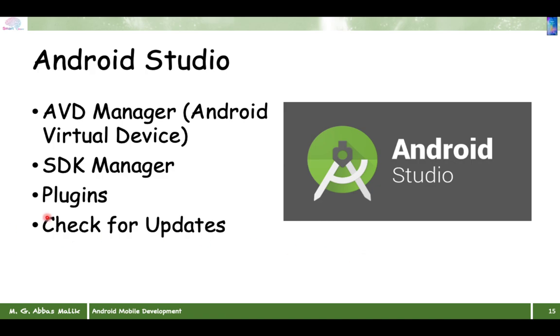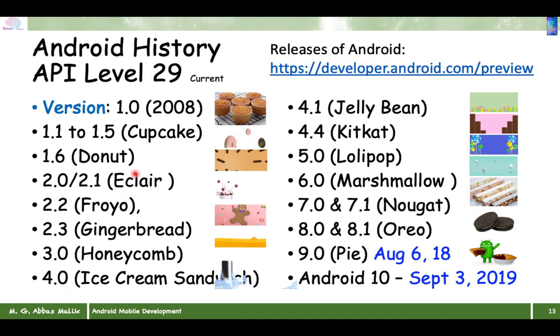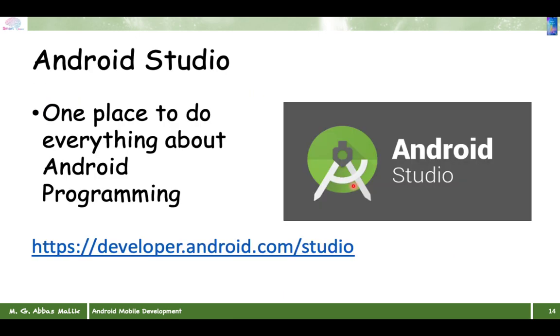Then we also have the SDK manager. SDK manager is the software development kit manager. It is about which specific version you are targeting for your application. For example, you might say that you want to target all the versions of Android which are 5.1 and onward, or 6.1 Marshmallow and onward. These different versions have different SDKs.